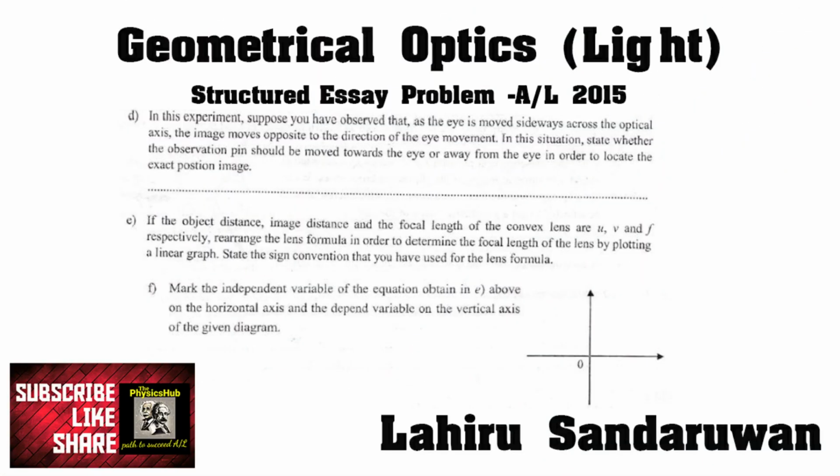Then part D. In this experiment, suppose you have observed that as the eye is moved sideways across the optical axis, the image moves opposite to the direction of eye movement. In this situation, state whether the observation pin should be moved towards the eye or away from the eye in order to focus the exact point of the image.